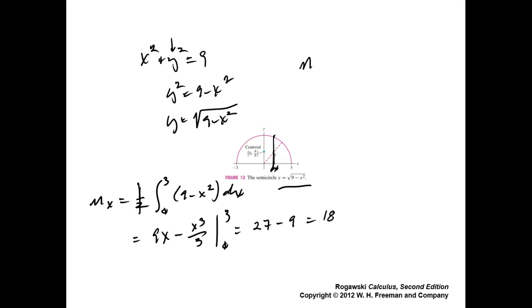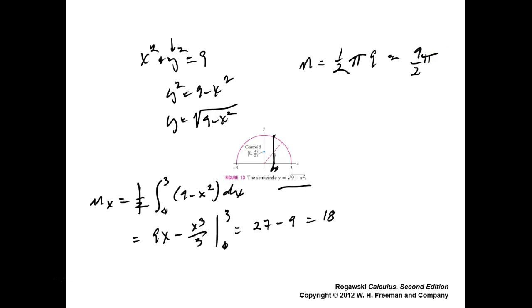So the density we're assuming is 1, right? So our mass is going to be 1/2 pi, and what's our r in this case? 3 squared is 9, so this is 9 halves pi. So we didn't have to do integration there.